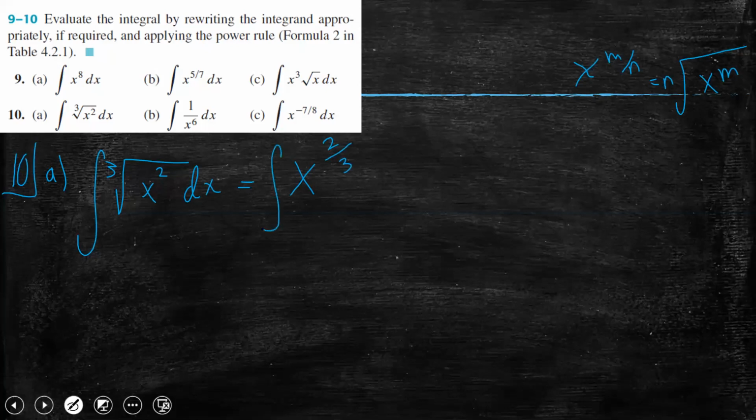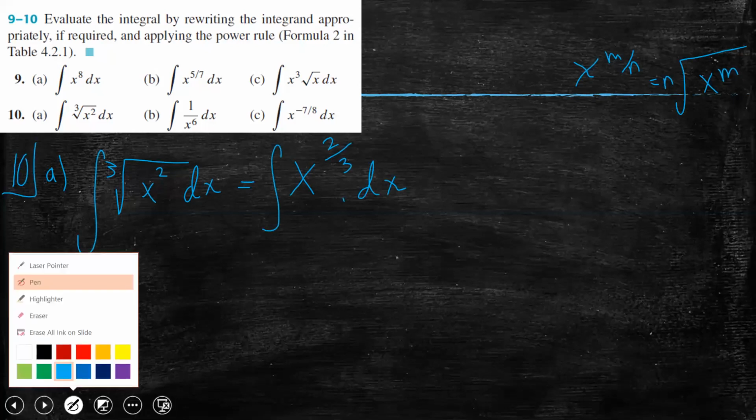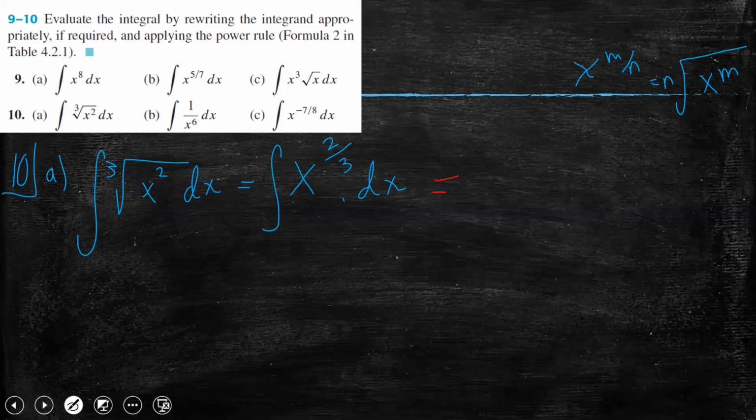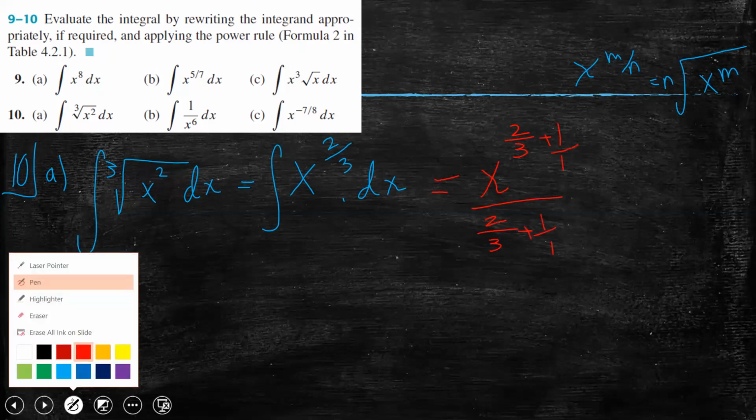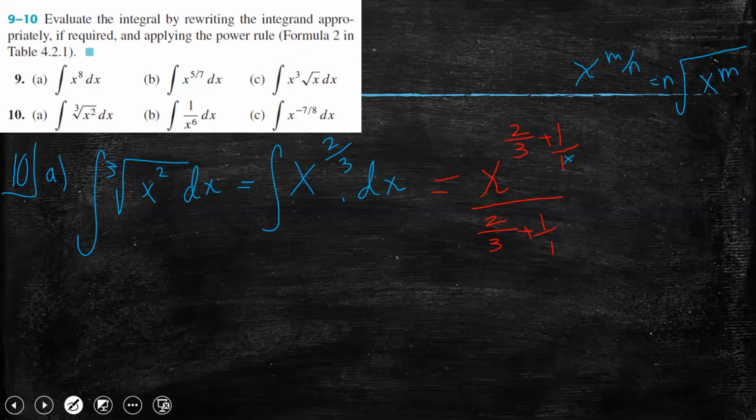So I want now to write it, to integrate it, x to the power 2 over 3. So it is x to the power 2 over 3 plus 1, over 2 over 3 plus 1. There's a number added to the fraction, so I multiply by 3, because the denominator here is 3.